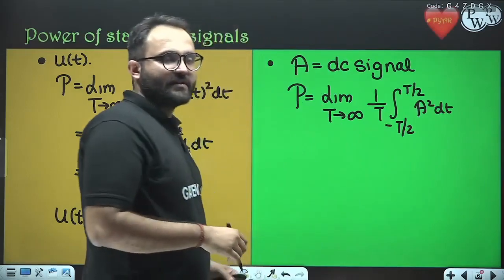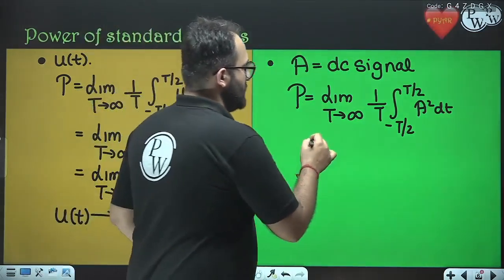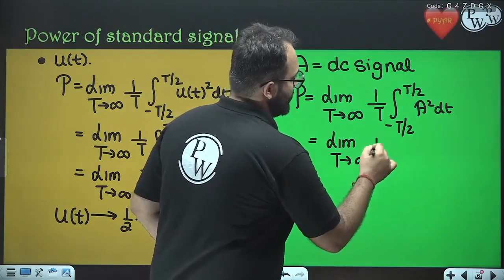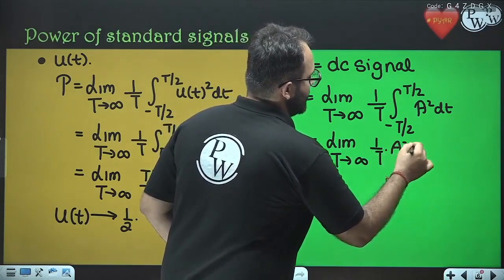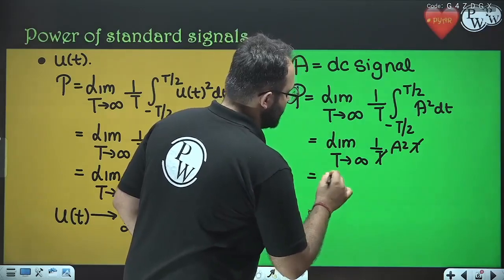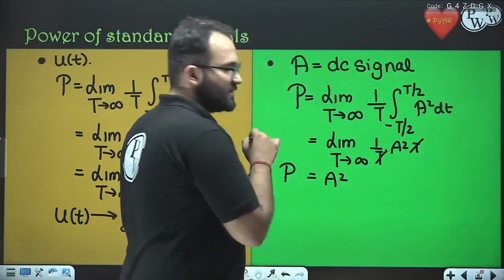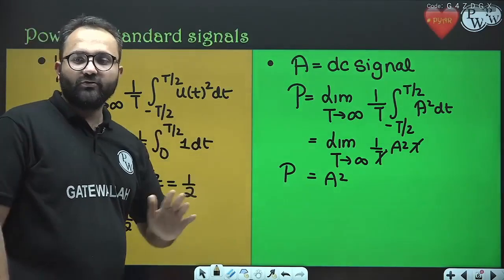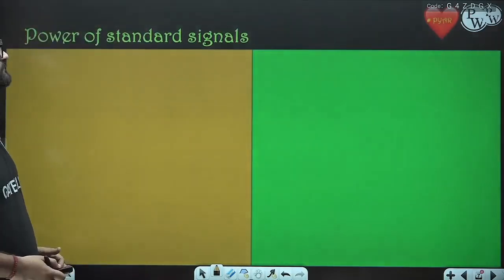Now if we integrate this, we will get limit T tending to infinity, 1 upon capital T, A square into T. T to T will cancel and the answer will be A square. So remember that the power of the DC signal is simply the square of that value.